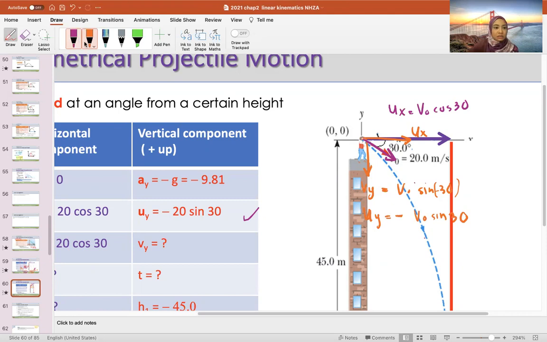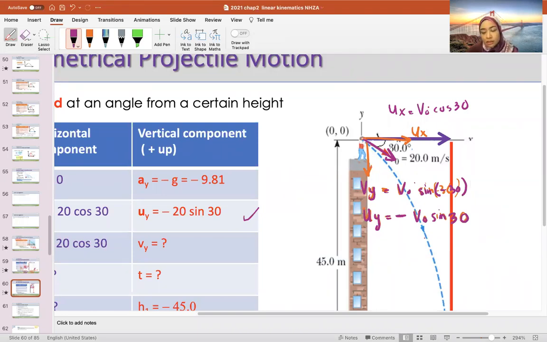Okay, so uy is equal to minus V naught sine 30, or uy equals V naught sine of minus 30 degrees. It's below the x-axis. Remember, angles below the x-axis are negative.